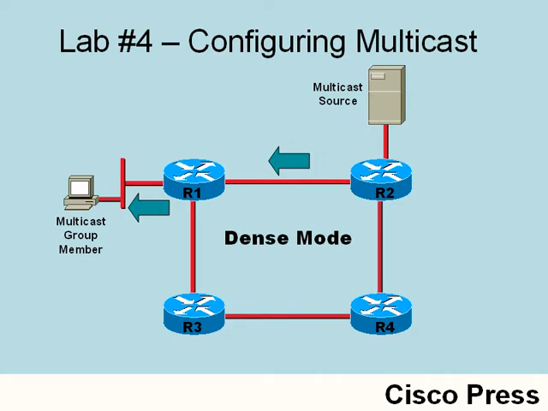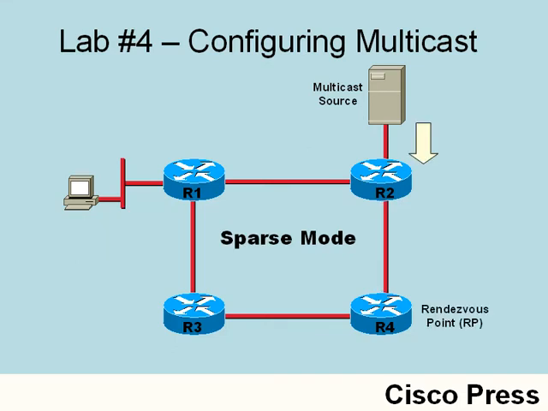Not a big deal possibly on a small network like we see on screen, but if we had dozens or hundreds of routers in our topology, every 3 minutes flooding this traffic throughout our network, that could seriously impact the performance of our network. What's a better solution? A better solution is to use Sparse Mode. Let's say that right now we have a Sparse Mode multicast network configured.